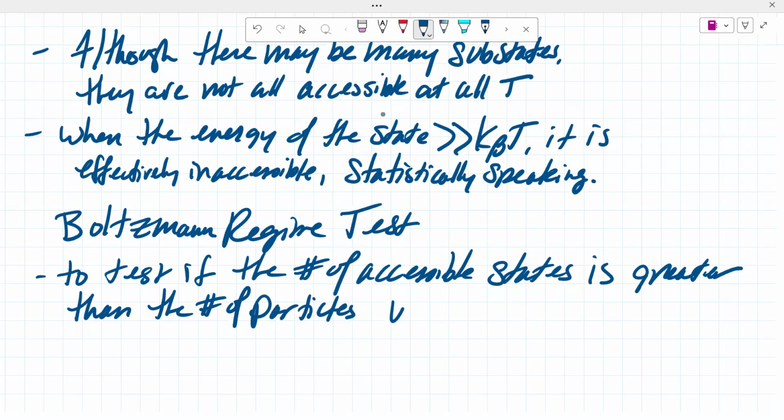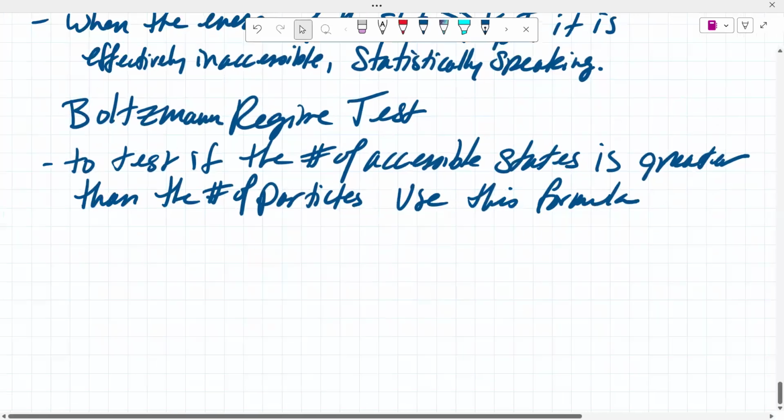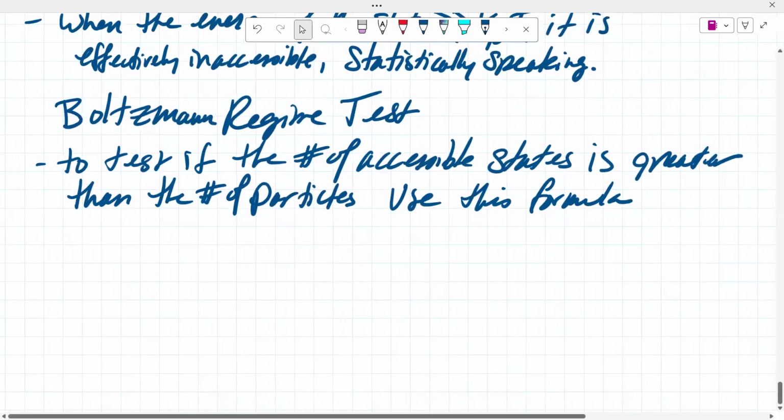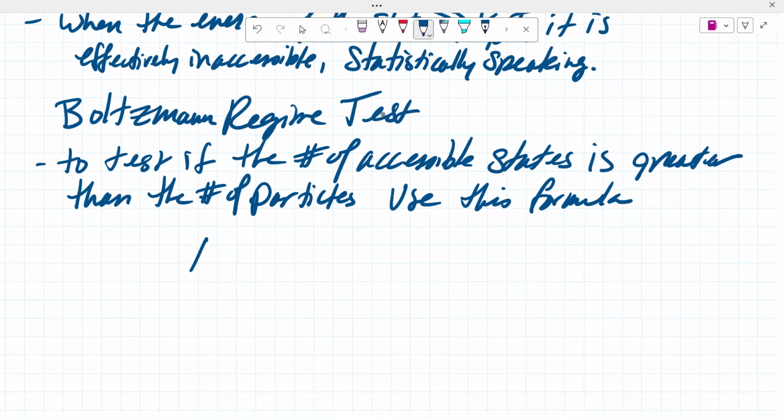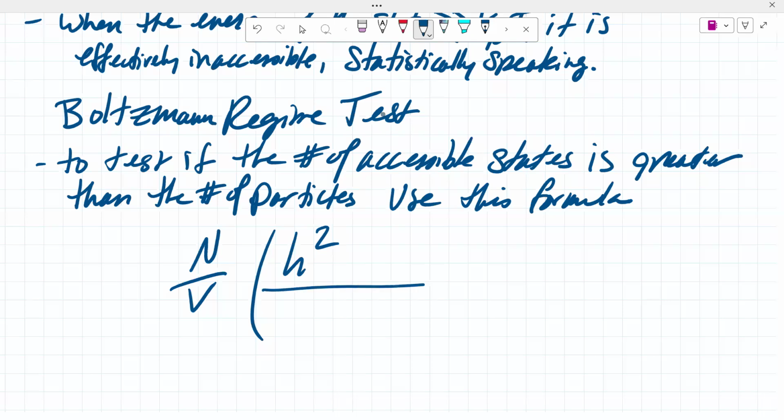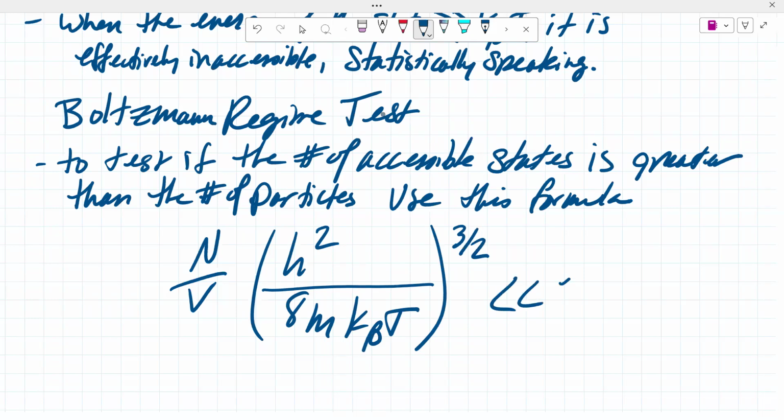Use this formula: N over the, with the 3/2 power on the temperature term. There's your Boltzmann regime test.